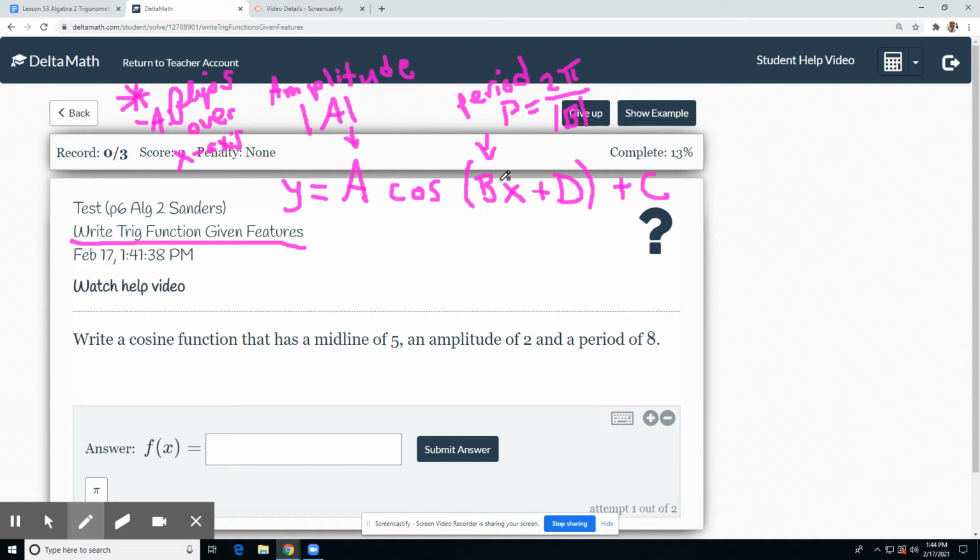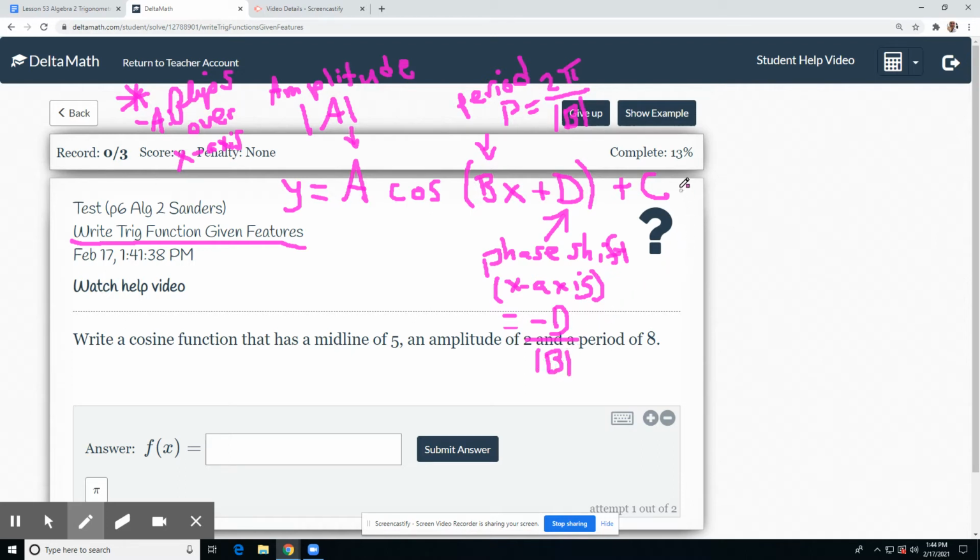The phase shift on the D, so this is phase shift on the x-axis. And the phase shift on the x-axis is going to be equal to negative D over absolute value of B.